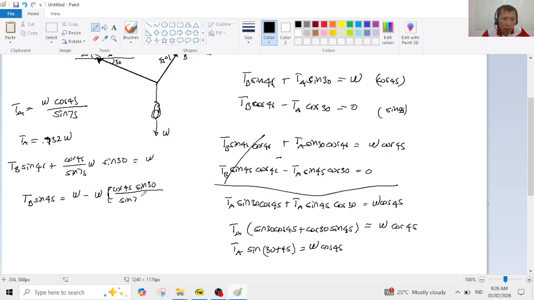So I can cancel W. That is 1 minus cosine 45 times sine 30 over sine 75, all over sine 45 for TB.